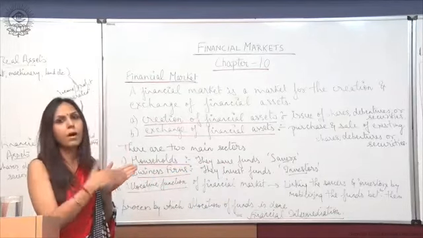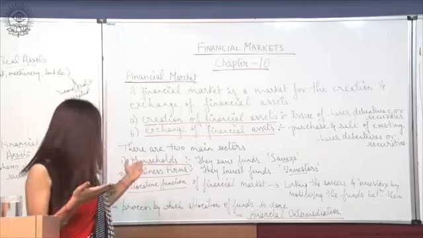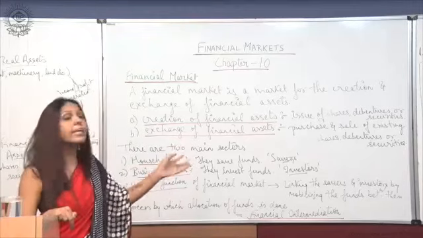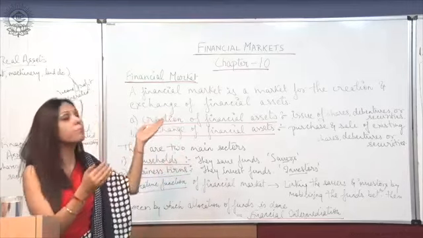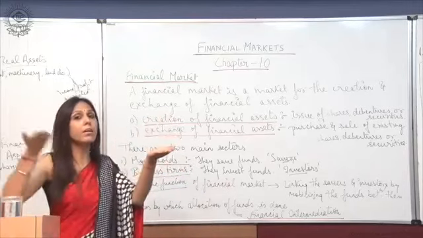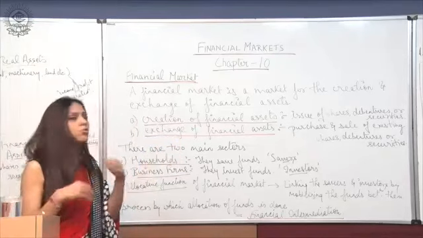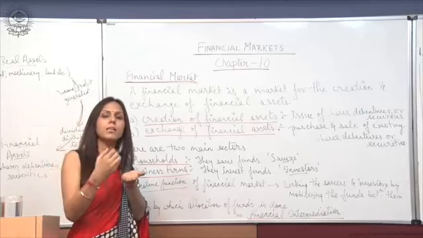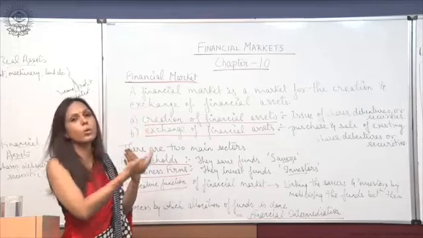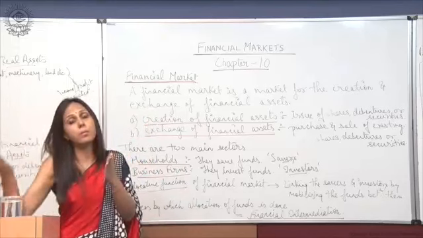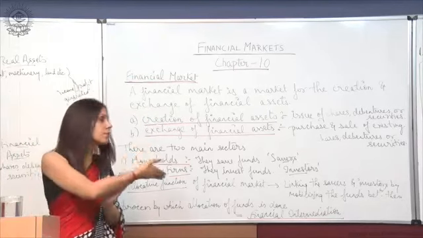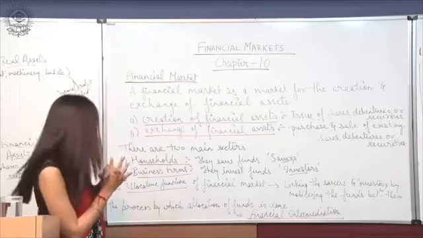The financial market brings together the savers and the investors to mobilize funds. The savers save money in the banks, and the borrowers borrow money and become investors, they invest money to provide profit to these savers.